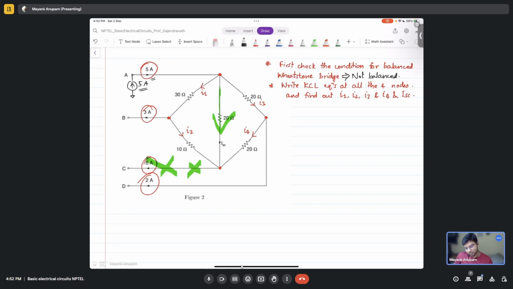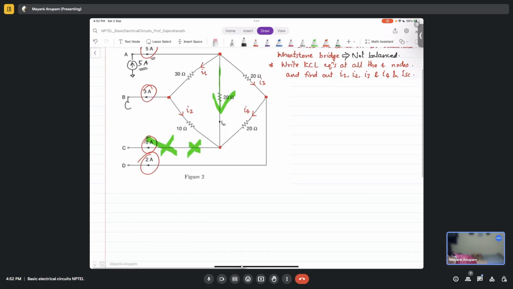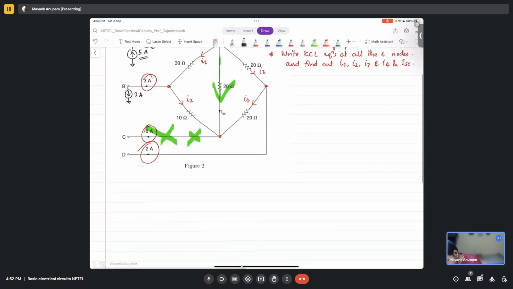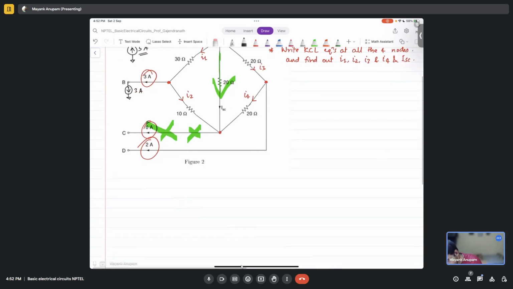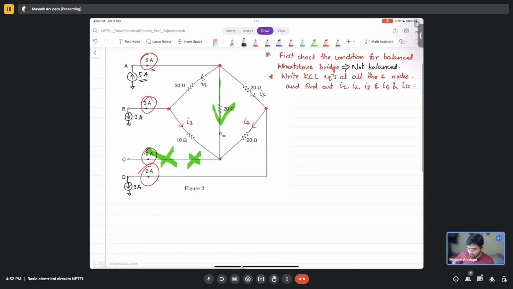Yes, sir. What about this terminal B? Is this fine? Again D, 2 ampere. Yeah, 2 amperes.